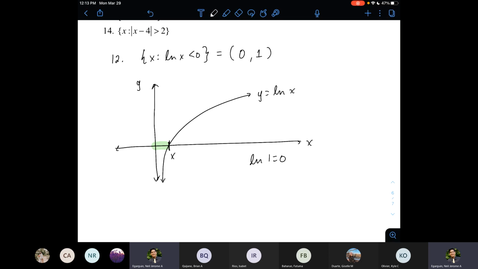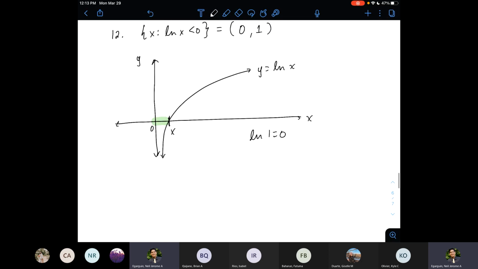So here, that's x equals 1. So basically, this set would be just the open interval (0, 1). And since it's the open interval (0, 1), it's easy to see that the GLB is 0 and the LUB is equal to 1. Right?